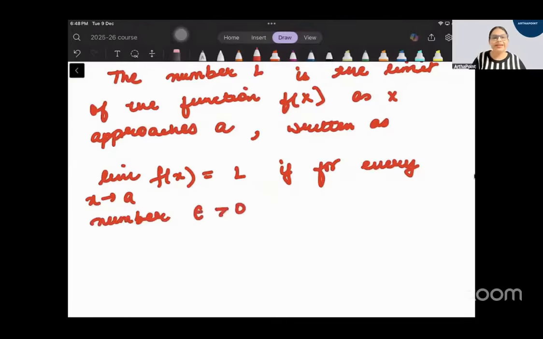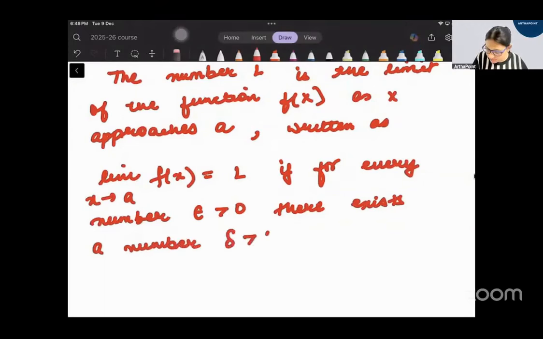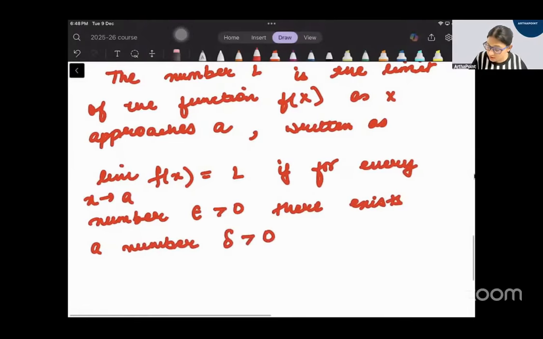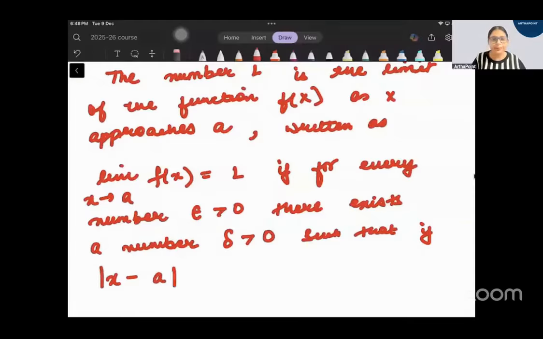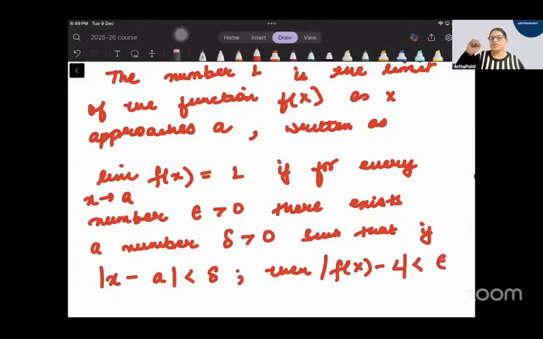epsilon greater than 0, there exists, I'll explain this, a number delta greater than 0 such that if |x minus a| is less than delta, then |f(x) minus L| is less than epsilon.